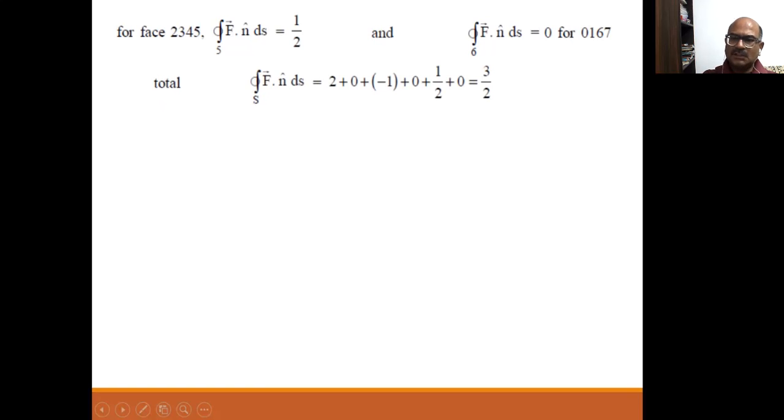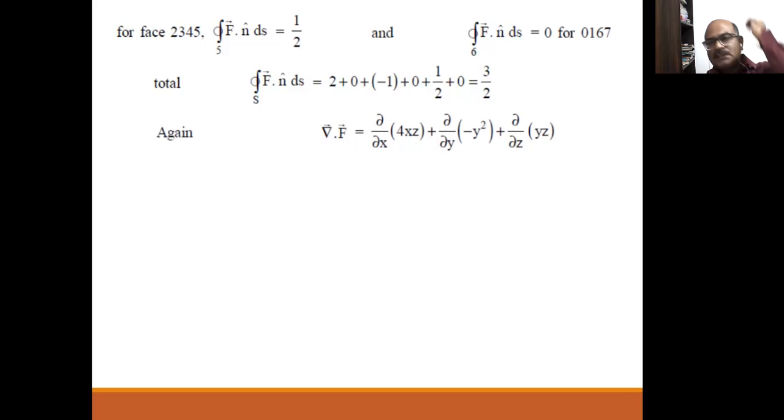So the left hand side of the divergence theorem is the surface integral of the vector field, and we have found the total value of that surface integral of the given vector field F for that cube. Now we have to find the divergence of that field. Divergence is del dot F. If we put the values, we can easily find del dot F, that is 4z minus y.